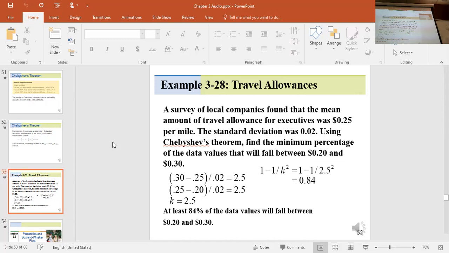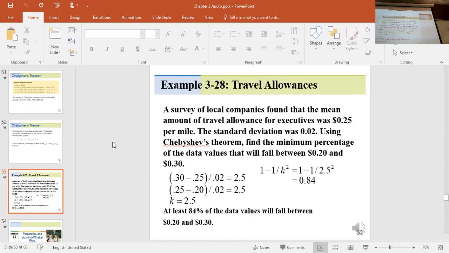So what is k here? What is k? You can multiply top and bottom by 100. It will give you 5 over 2.